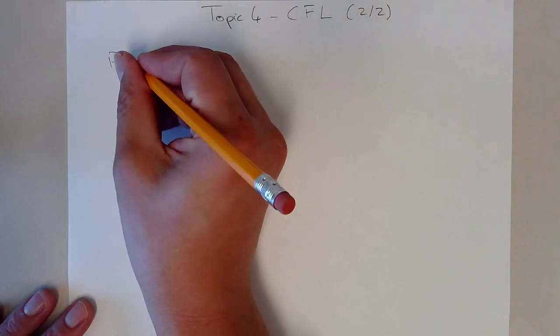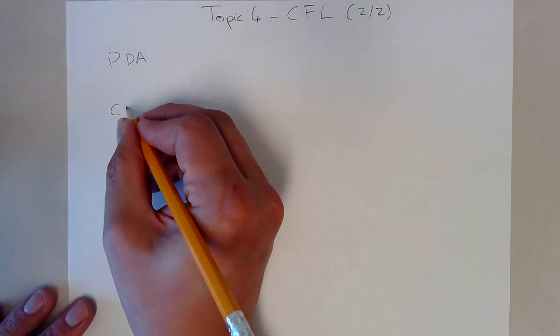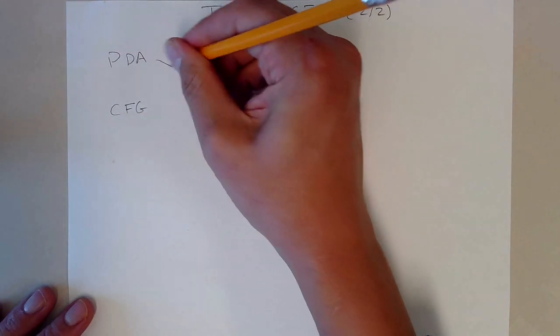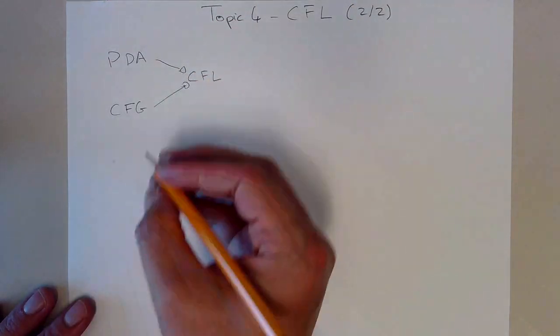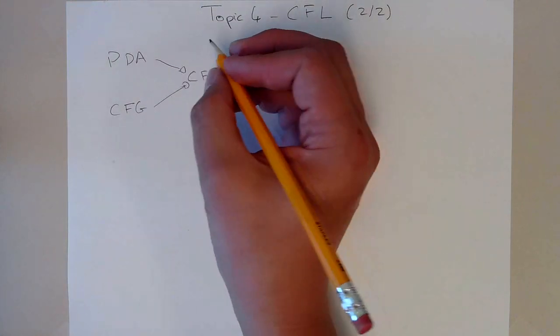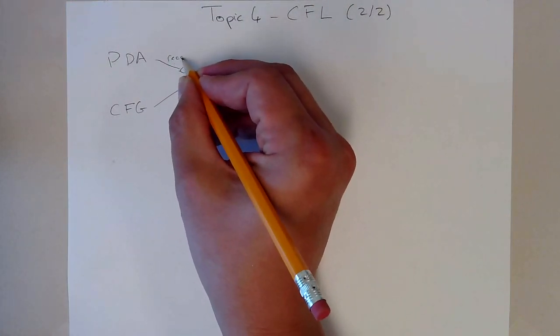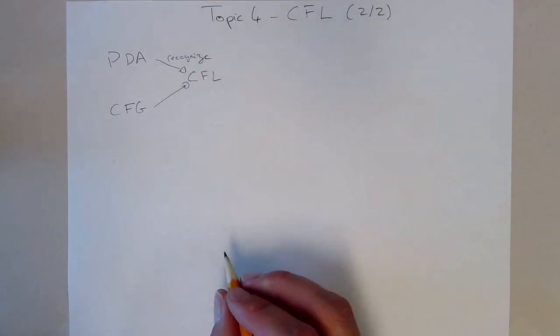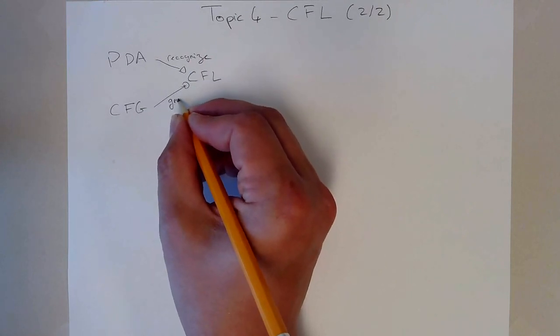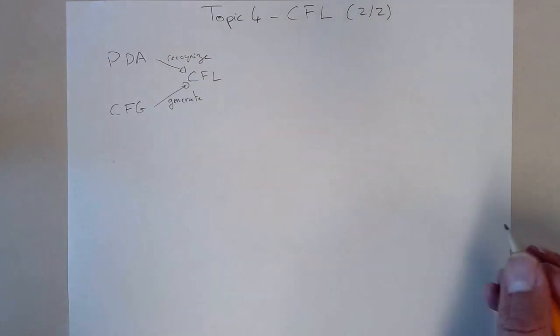We talked about the relationship between PDAs, context-free grammars, and context-free languages, and we saw that the PDAs, the pushdown automata, recognize the class of context-free languages, and the CFGs, the context-free grammars, generate the class of context-free languages. Okay, so there is equivalence here.